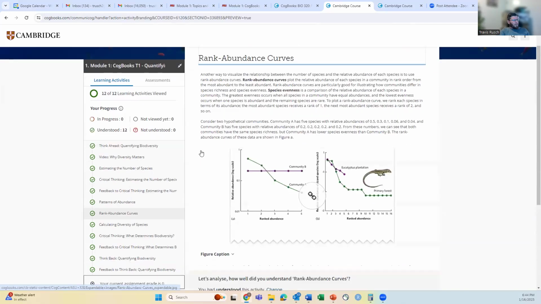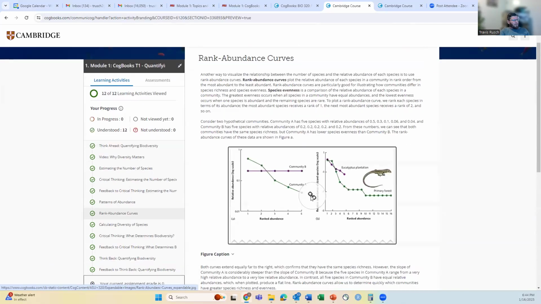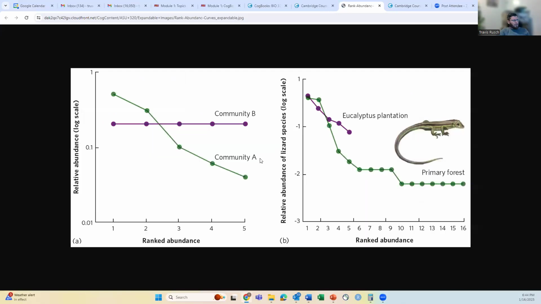Okay, so then this is talking about our rank abundance curves, and they give us some figures here. Rank abundance is showing that you're going to have fewer species here and more species here, and you're comparing two different communities. You can get a few different pieces of information here. Species evenness is one thing.